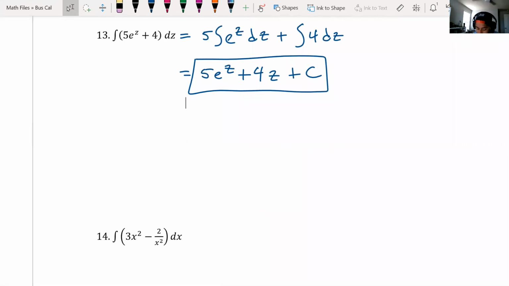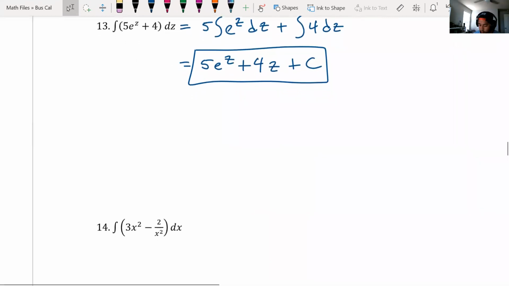Keep them moving. Okay. 14. The integral of 3x squared minus 2 over x squared. So again, split this up into two integrals.